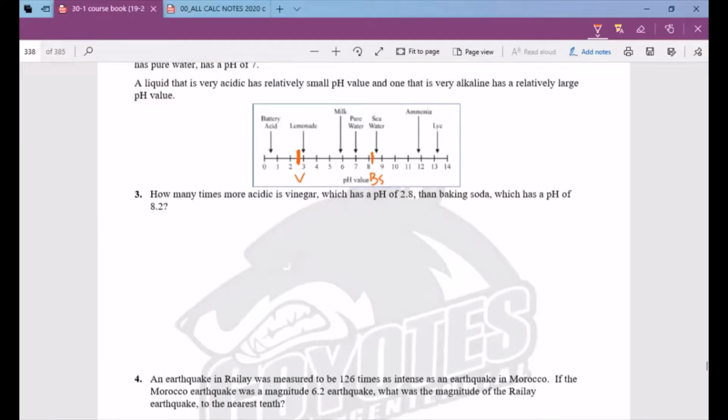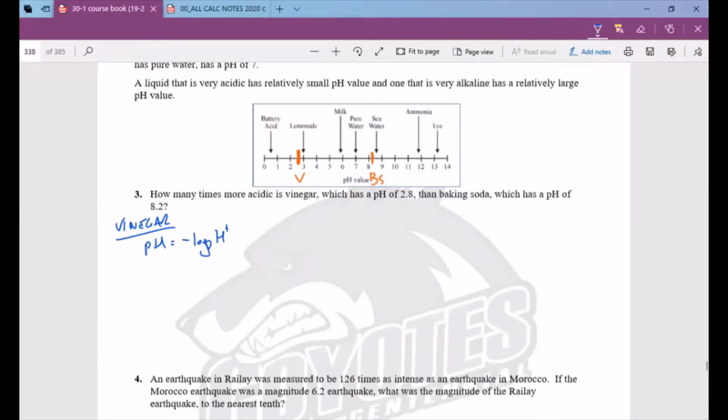And we're trying to figure out how many times more acidic the vinegar is. So the vinegar we will put in our numerator when we're comparing these intensities. All right, so to start with this formula, we have the fact that pH is equal to negative logarithm of H plus.